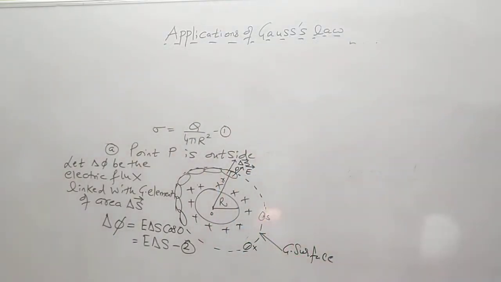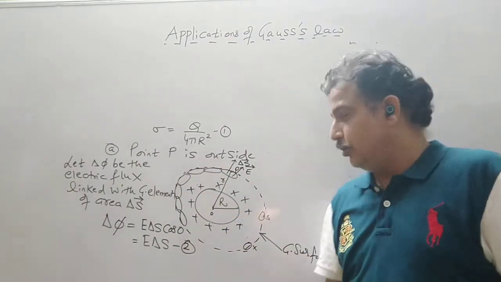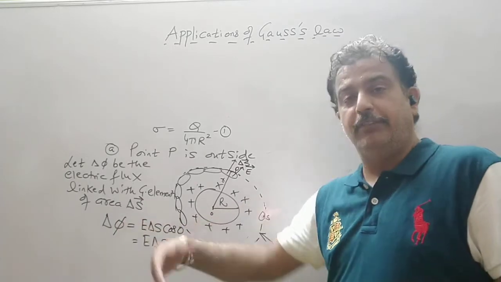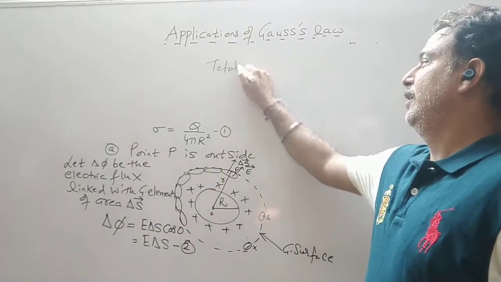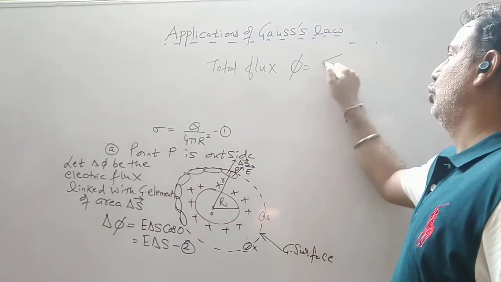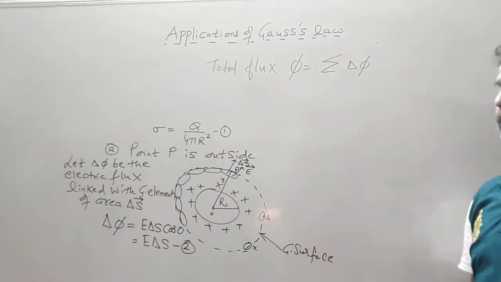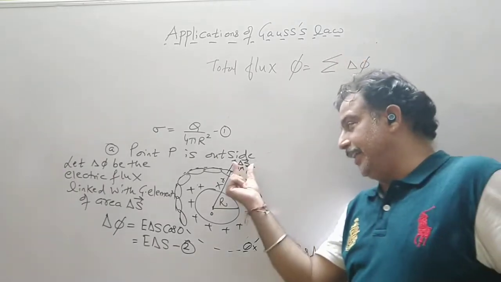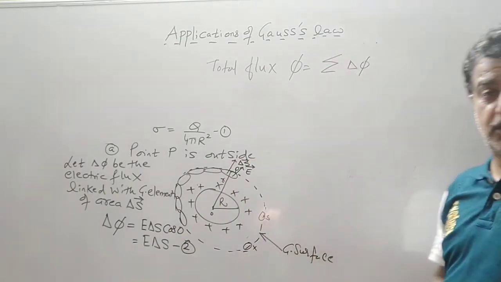Now we want to find out the flux linked with the entire Gaussian surface. So we sum up, or we do the integration. So the total flux phi is equal to summation of delta phi. Now if this area element delta S tends to 0, then I can take the integration also.